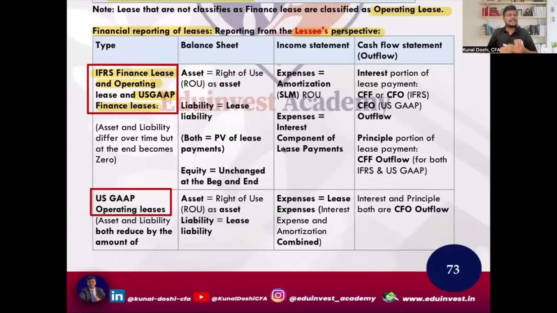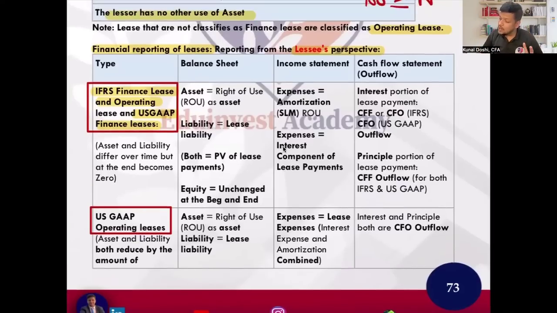Now I can go in the depth of each and every component, and that will be time consuming, and it is not very important for the exam, in the sense you don't have to memorize this. All you need to know is that the lessee is the one whose position is like a borrower. So understand this technique. Lessee, when he takes the asset on lease, he recognizes two things on the balance sheet.